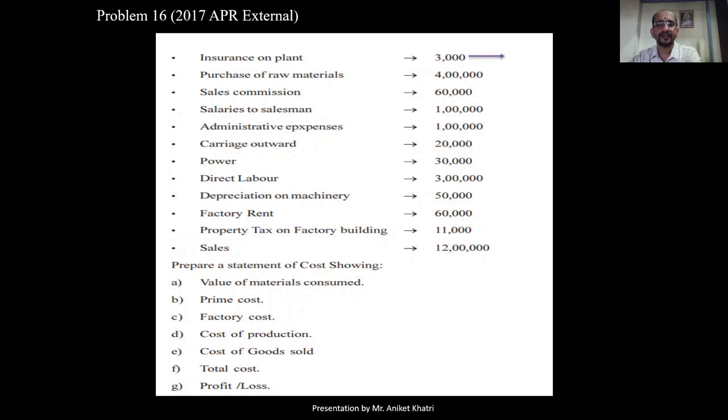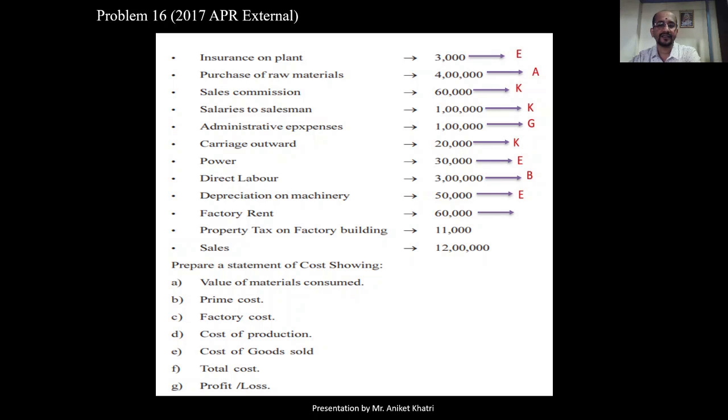Insurance on plant, E. Purchase of raw materials, A. Sales commission, K. Salaries to salesmen, again K. Administrative expenditure, G. Carriage outward, K. Power, E. Direct labor, B. Depreciation on machinery, E.